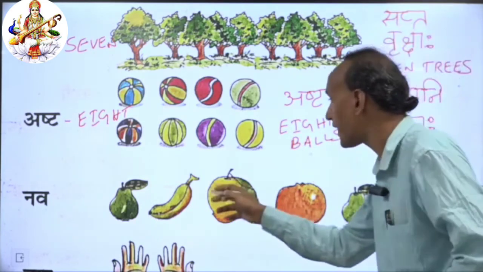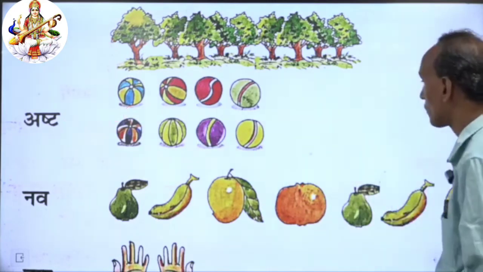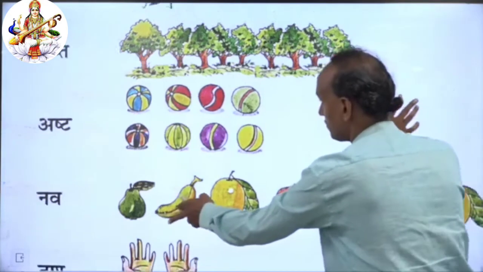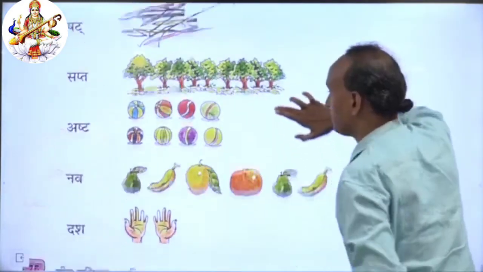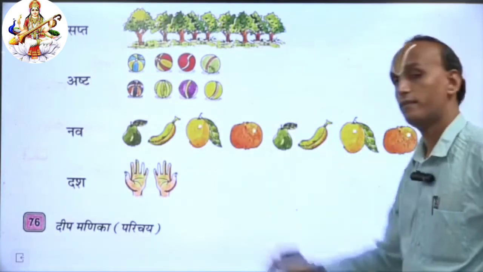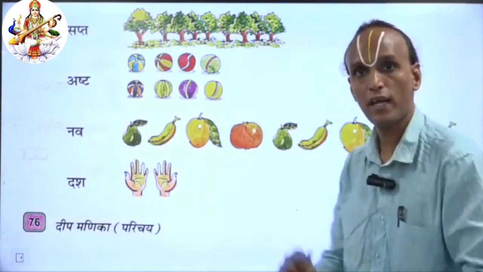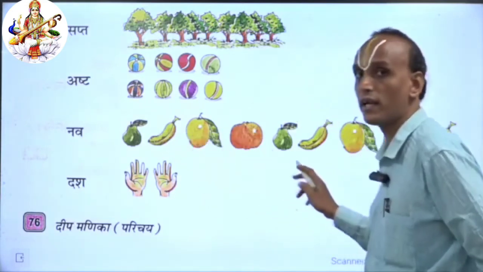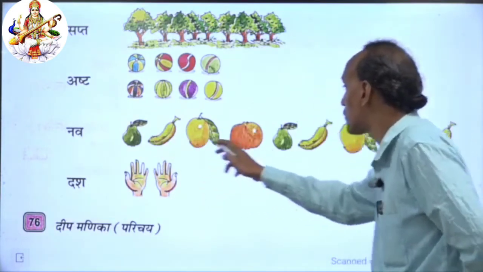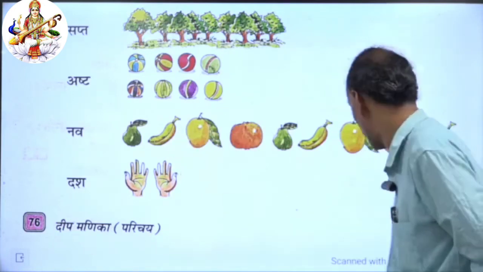Then the 9th one. I will show you. Wait. Okay. Nava. Nava means what? 9. Okay. What is the picture given here? Fruits. 9 fruits picture are given here. Okay. See here.